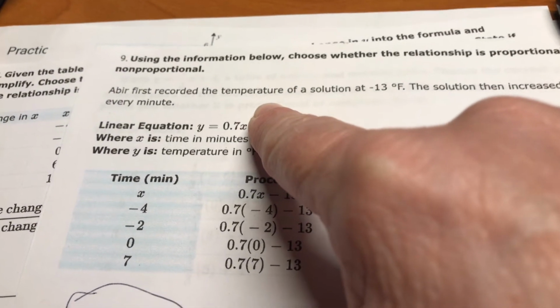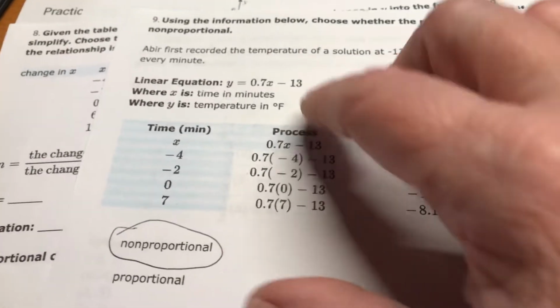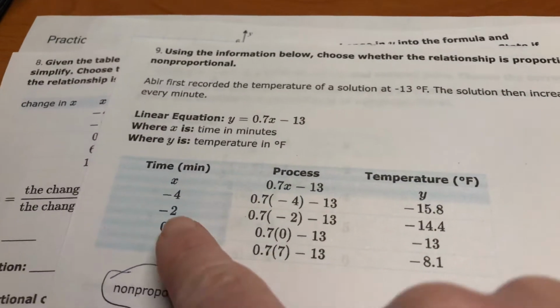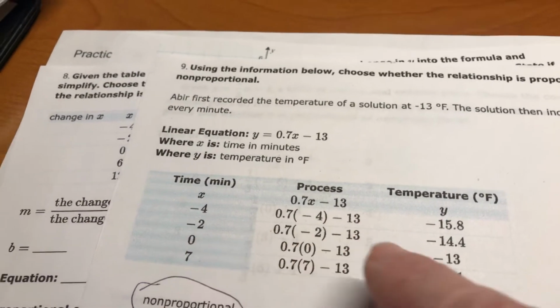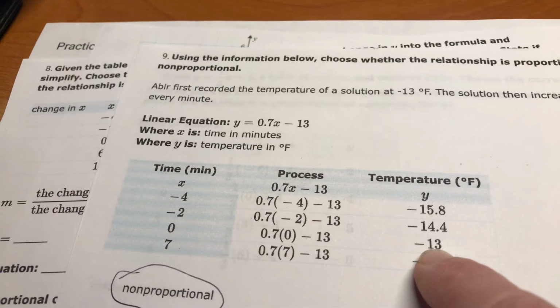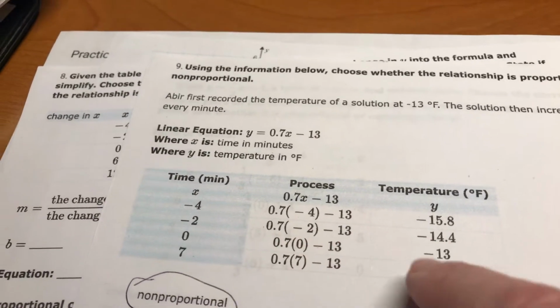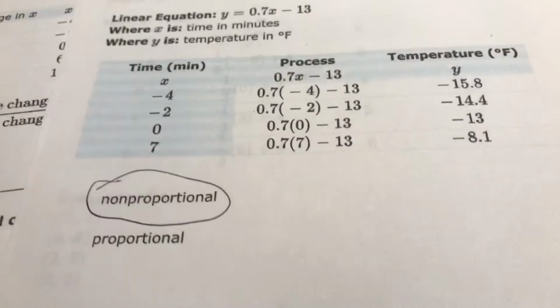Okay, so that's the difference between proportional and non-proportional. You're looking to see, when x is 0, if y is not 0, then it's non-proportional. If x is 0 and y is also 0, then it's proportional. So that's how you tell if it's proportional or not.